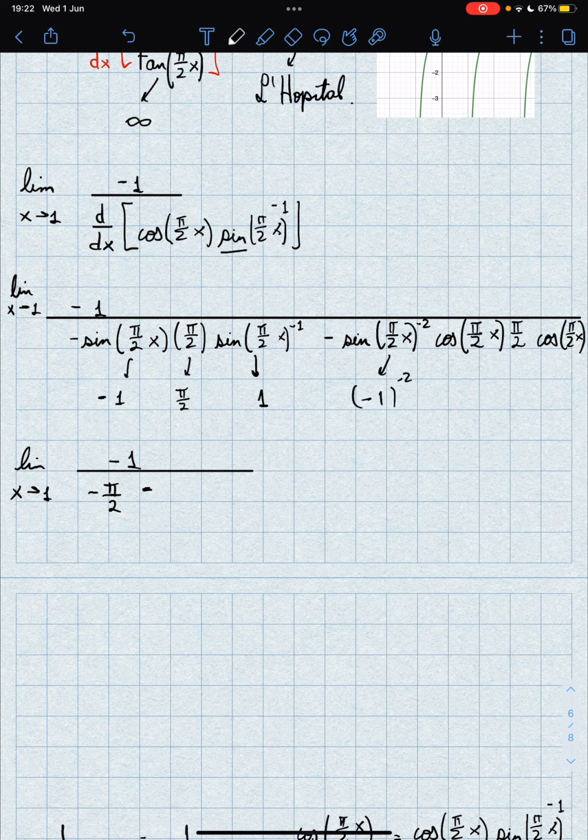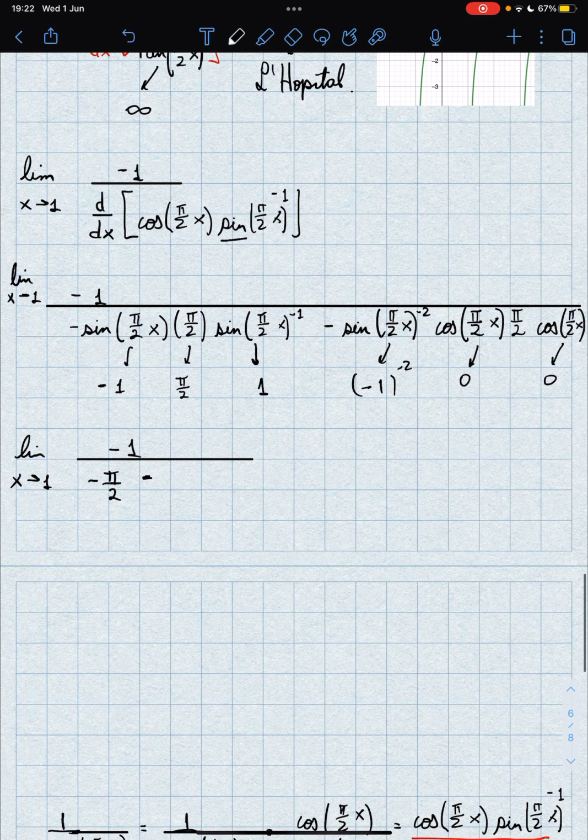But here is a problem, I mean, it's not a problem, but when I evaluate x equal to 1 here, cosine of pi over 2 is 0, guys, and this is 0. So all this expression goes to 0. So at the end, I'm going to have this expression, and the limit when x goes to 1, but here I don't have an x, so I can evaluate.